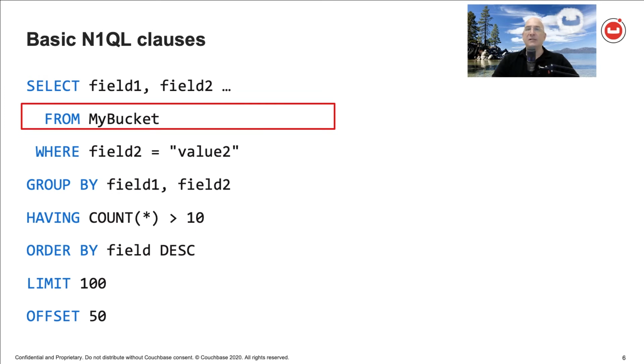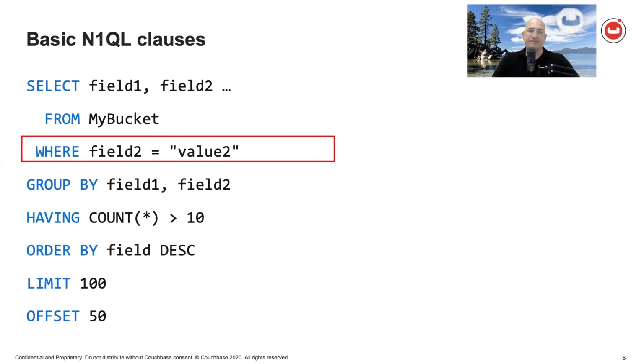The from clause specifies the bucket from which you query. This is a bit different than SQL, because in SQL you mentioned table names, and here we don't have tables, right? So you specify the bucket from which you wish to retrieve the data. A bucket in Couchbase is like a database in a relational database.